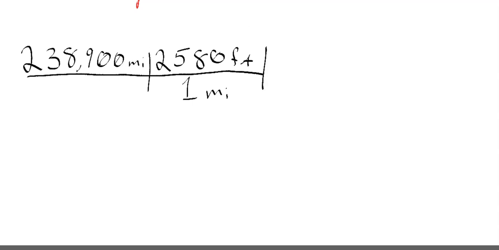We know that we multiply across and divide down. So if we multiply across and divide by 1, the 1 mile, 238,900 miles times 2,580 feet divided by 1 mile. Well, the 1 mile cancels out. The miles unit cancels out.